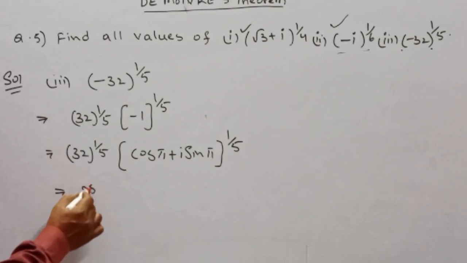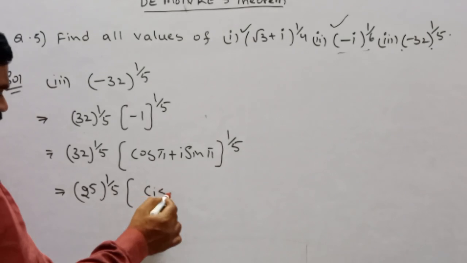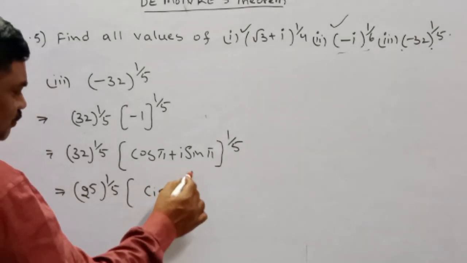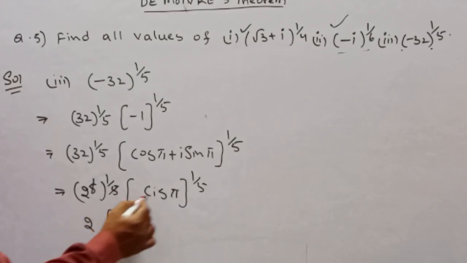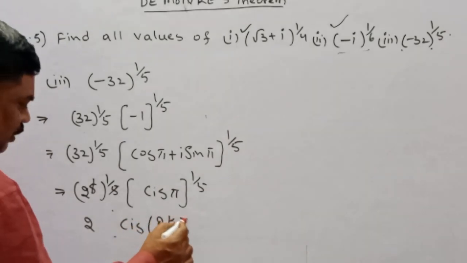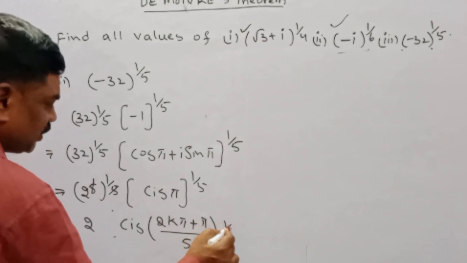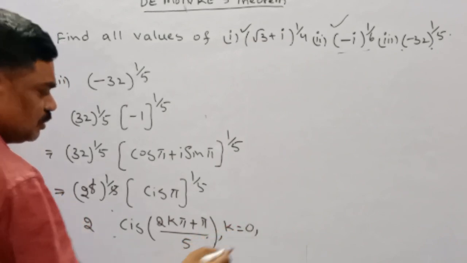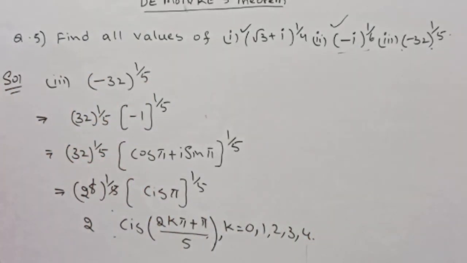So (2^5)^(1/5) times cis of (2kπ + π)/5; the 5s cancel, giving 2 times cis of (2kπ + π)/5, where k equals 0, 1, 2, 3, 4 are the values.